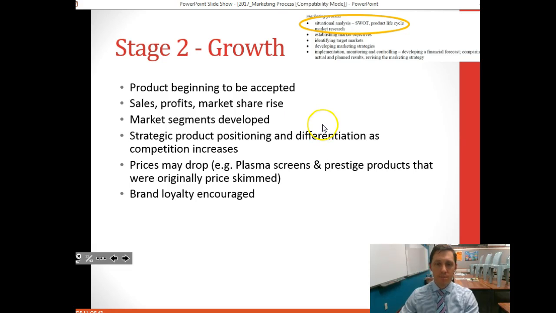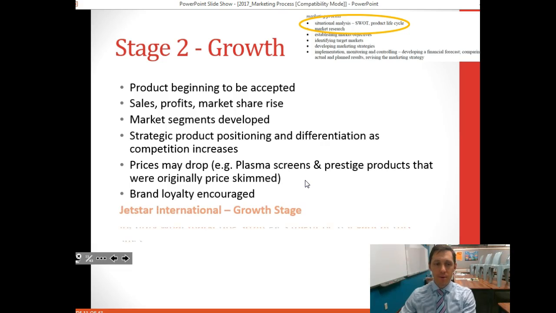At this point, prices might begin to drop, particularly if the business has utilised a skimming strategy where they set a high price when the product is initially put to market to try to sell to those people who are the early adopters of that particular product. And once that's occurred, the price may come back to a lower price in line with the pricing strategy. And also brand loyalty is getting further encouraged at this stage of the cycle.